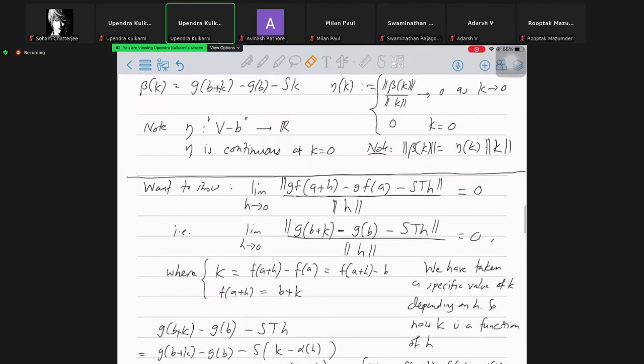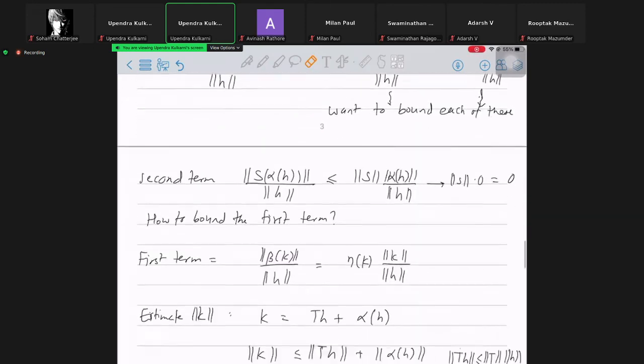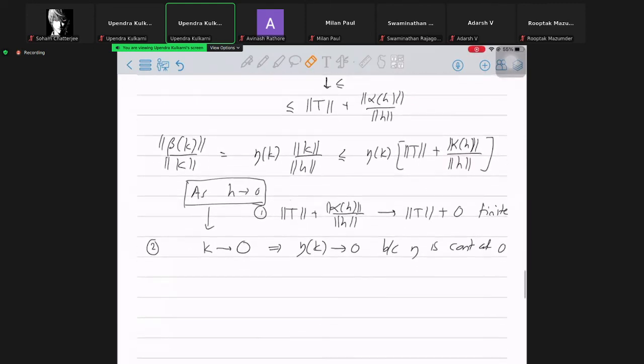Beta of k is eta of k times the norm of k, and that ratio is approaching 0, and I'm defining the function eta to be 0 at k equal to 0. Therefore, the function eta is continuous at k equal to 0. So if k approaches 0, eta of k also approaches 0.